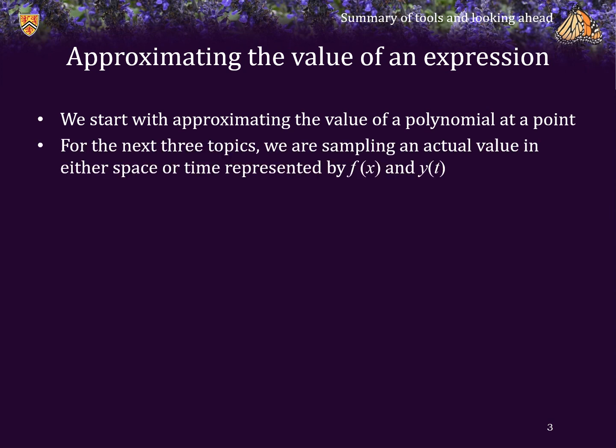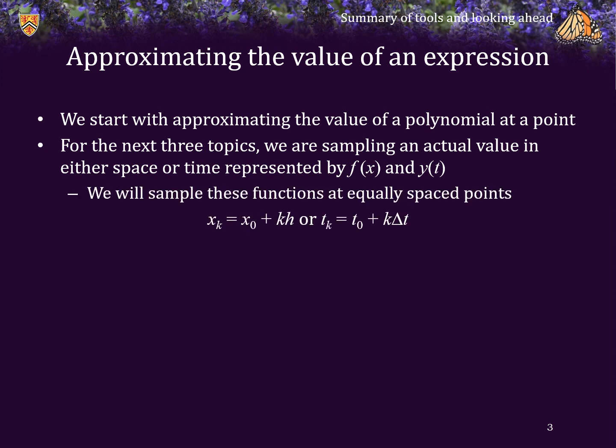For the next three subtopics, we are going to try to approximate properties of actual real valued functions that are functions either of space or of time, represented by f of x and y of t. Now, we are going to be sampling these functions at equally spaced points in either space or time.